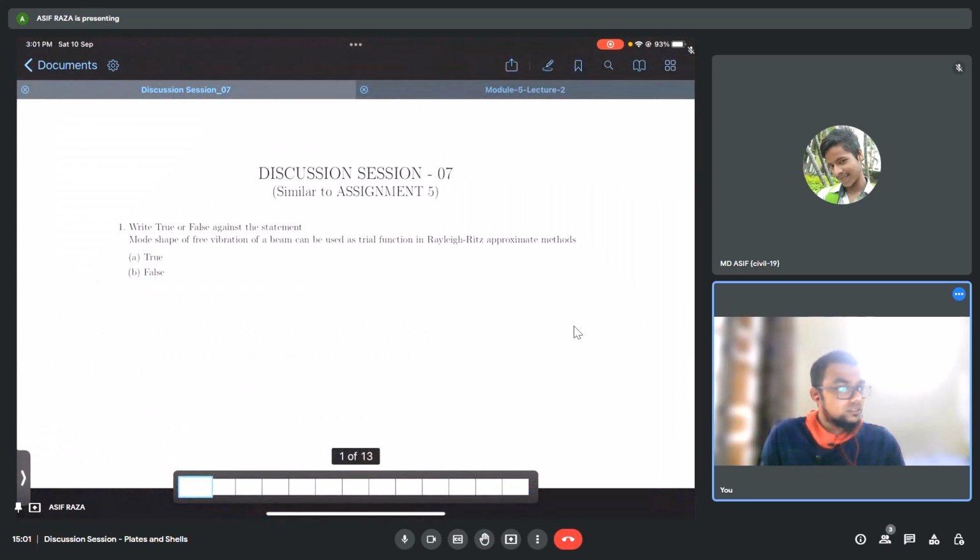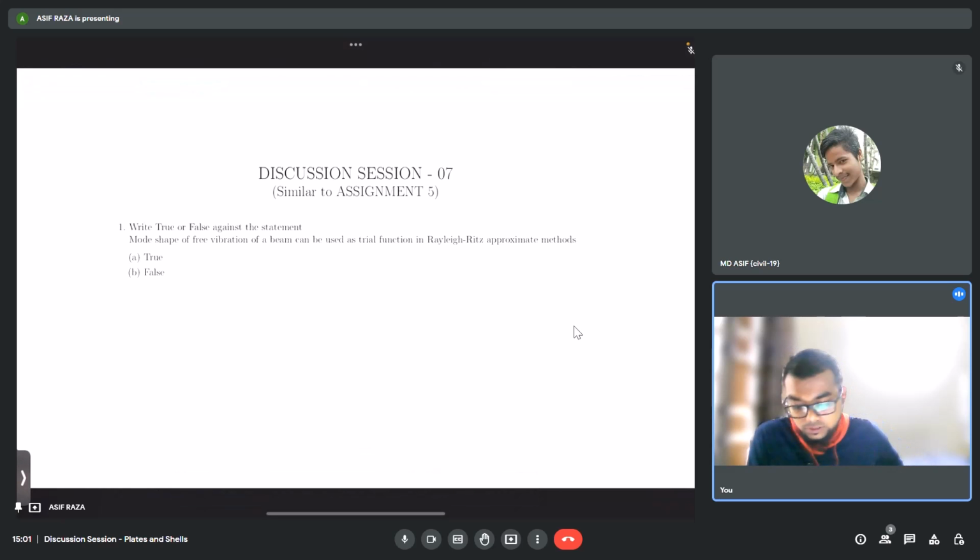So the first question is you have to state whether the statement is true or false. The mode shape of free vibration of a beam can be used as trial function in Rayleigh-Ritz approximate methods.